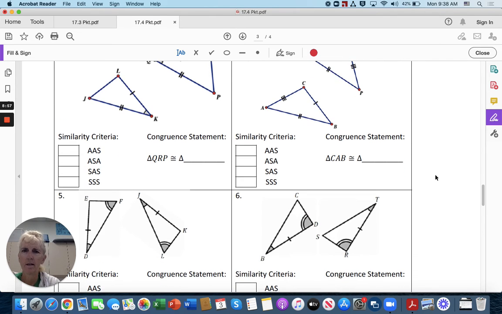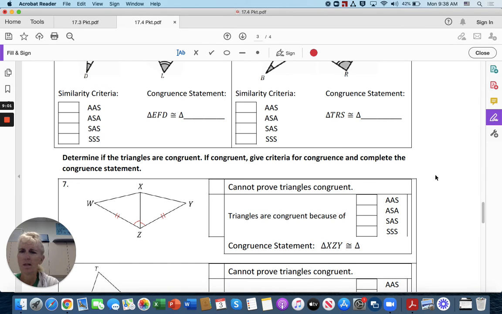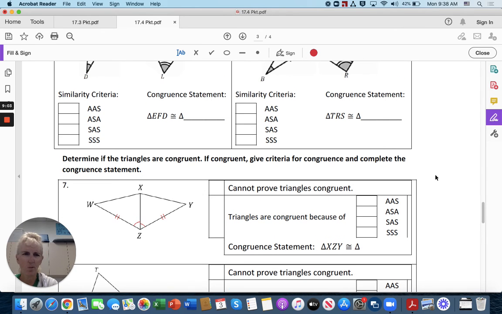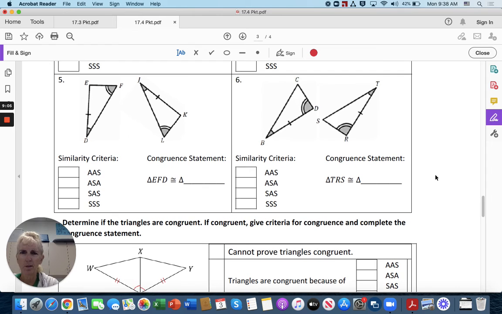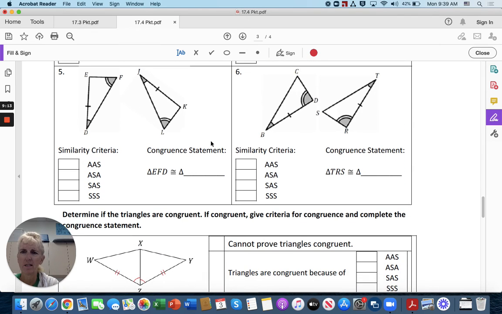Okay, so now you're going to go on and prove some congruency statements here. I should probably do at least one. Let's maybe do number 5. Similarity criteria. Are the three angles the same? Well, if these two angles are the same, then angle, angle, side.